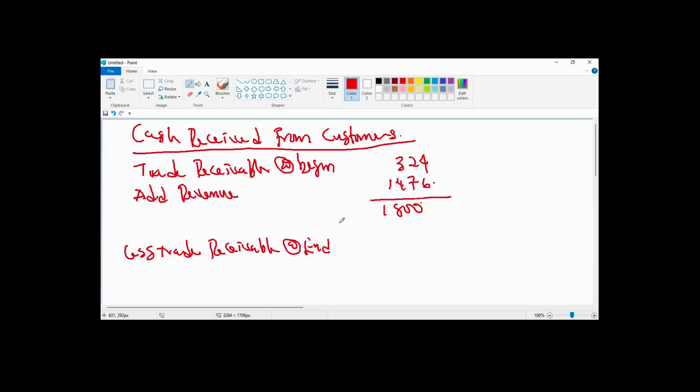What is trade receivable at the end? 274. This will give me cash received of 1526. That's all. I'll go down to 1526.